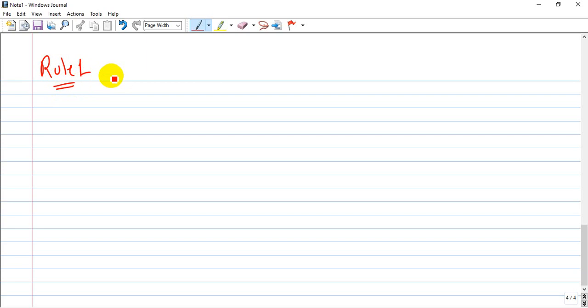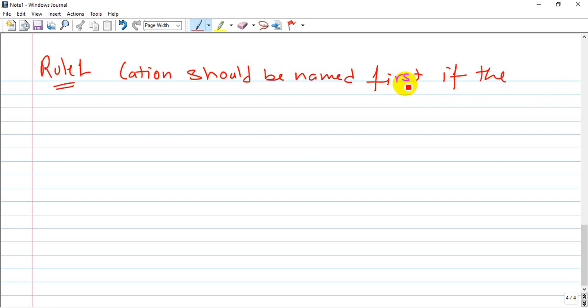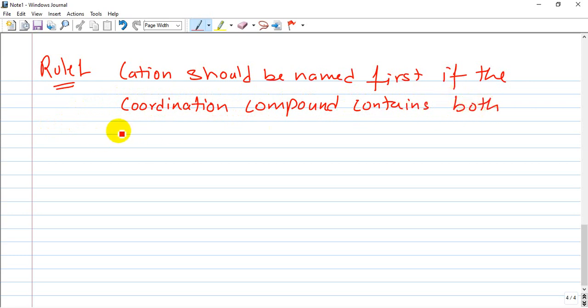Rule number 1 says that the cation should be named first if the coordination compound contains both a counter ion and a coordination sphere.